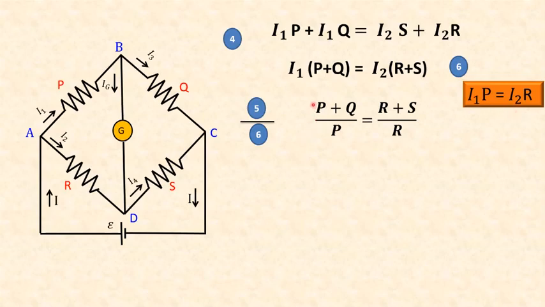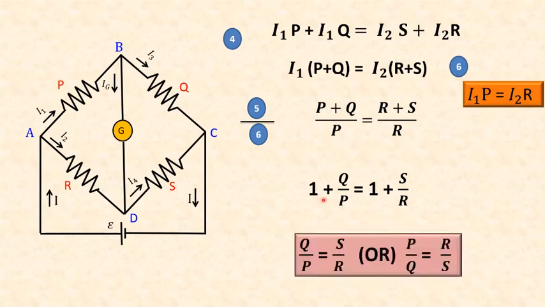The I1 and I1 get cancelled, the I2 and I2 get cancelled, and so we get P plus Q divided by P is equal to R plus S divided by R. This can be rewritten as 1 plus Q by P is equal to 1 plus S by R. The 1 and 1 get cancelled, and so we can write Q by P is equal to S by R, or the reciprocal of this, P by Q is equal to R by S. This is the Wheatstone's bridge balanced condition.